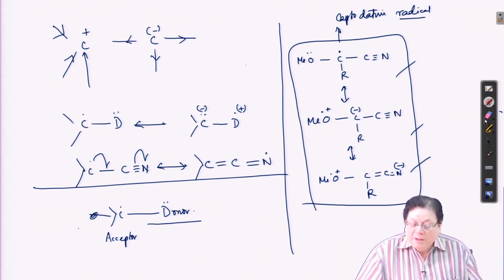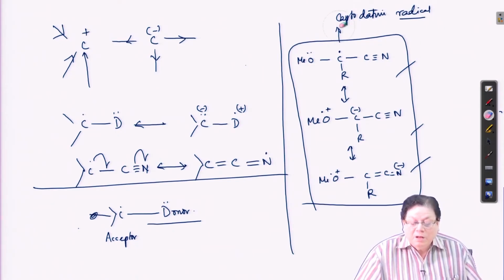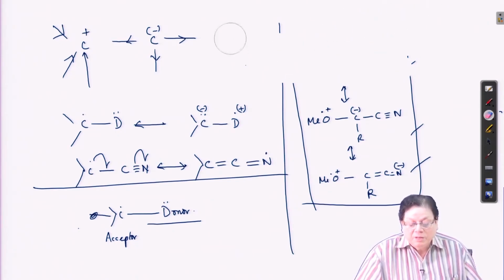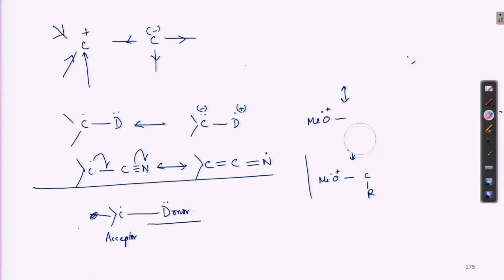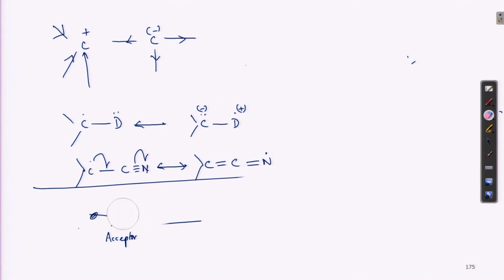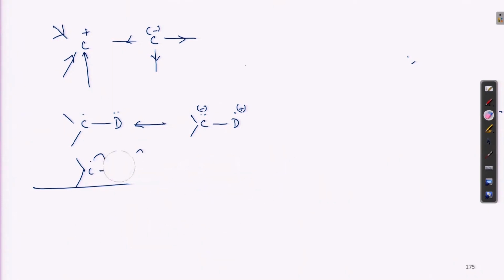Now, let us talk about the classification of radicals. We have seen the captodative radical, which is a classification based on stability. The other is based on reactivity, and the other is based on the type of orbital that the radical is occupying.